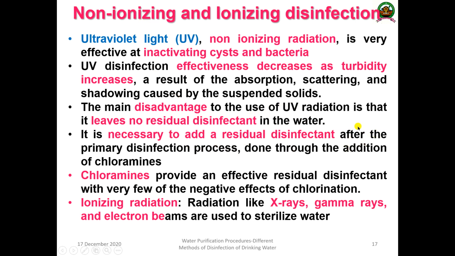That can be done by the addition of chloramines or other chlorination methods. Chloramines provide an effective residual disinfectant with very few of the negative effects of chlorination. Chlorination has a lot of negative effects, and chlorinated water has a characteristic smell and odor, but chloramine will not produce any drastic effect. Next, this is all about non-ionizing radiation.